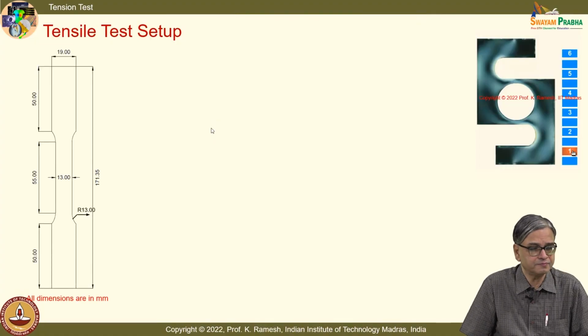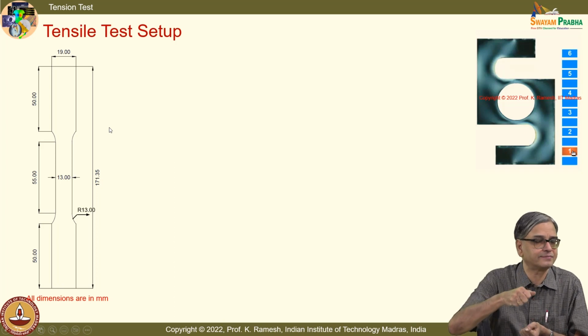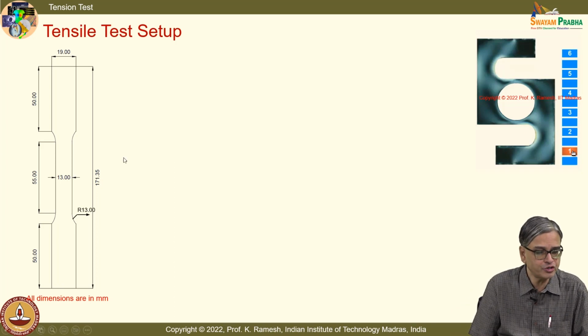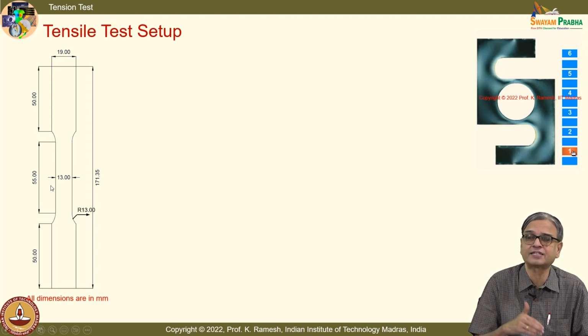And you have standards available, you have ASTM standards, and they give you what should be the dimensions for a flat specimen like this, and you have a sufficient length for you to grip the specimen, and you also ensure that you provide a generous fillet, so that this is a test section and the test section fails in an experiment.